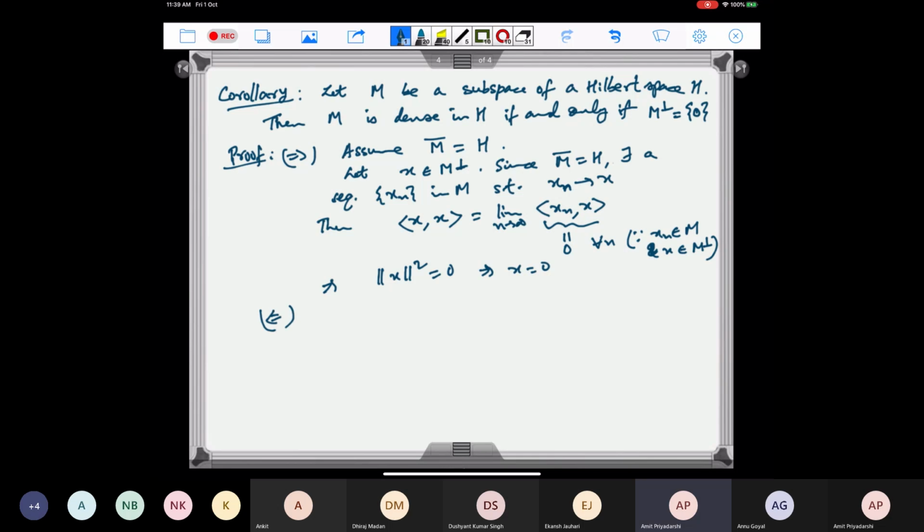Now suppose M perp is equal to 0, then we have to show that M closure is equal to H. So assume M perp is equal to 0.